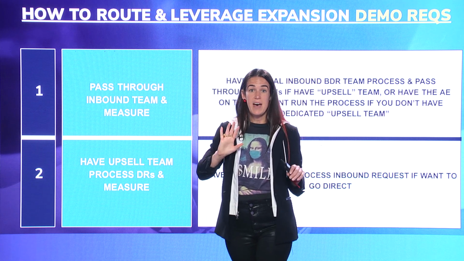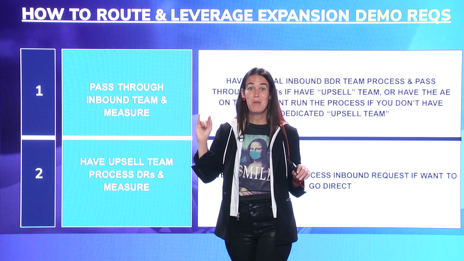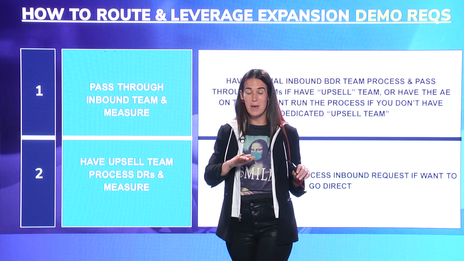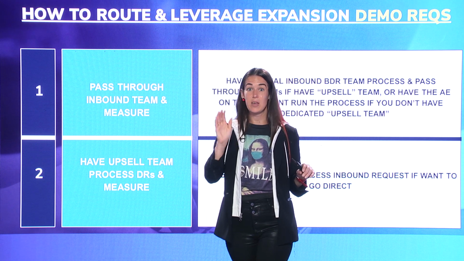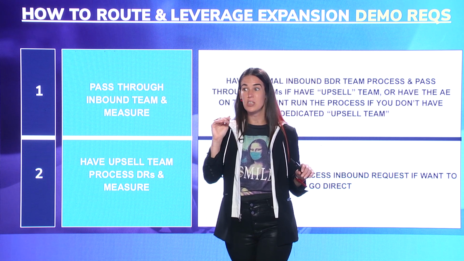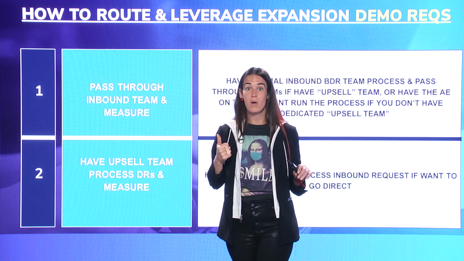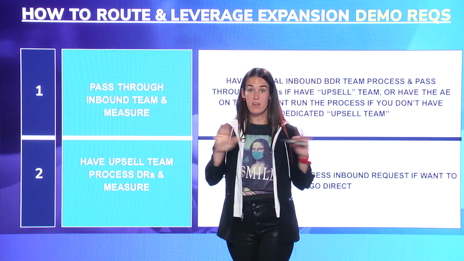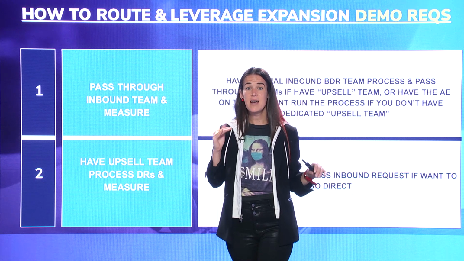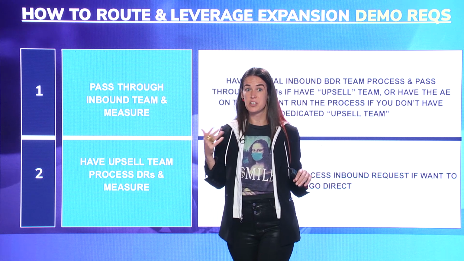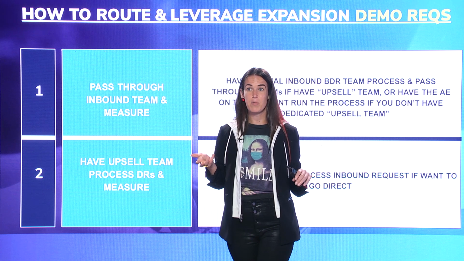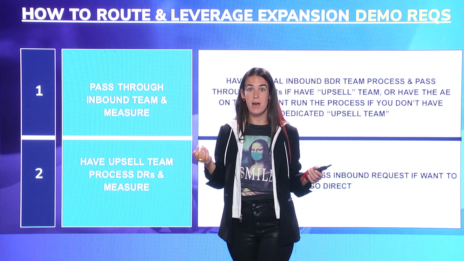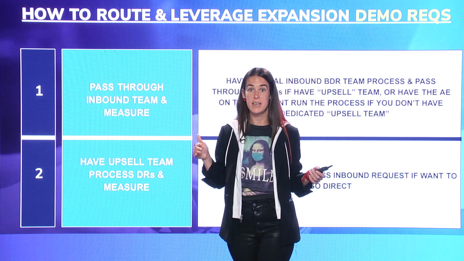The number one tip I have for anything, whether that's data, MQL pass-through, SQL pass-through, expansion selling, new land selling, renewal or churn, is number one, get as much data as you can. And number two, bifurcate those results out. I've seen a lot of teams not be able to understand their data because, for instance, they were saying, okay, our average conversion rate from first appointment to close is 23%.